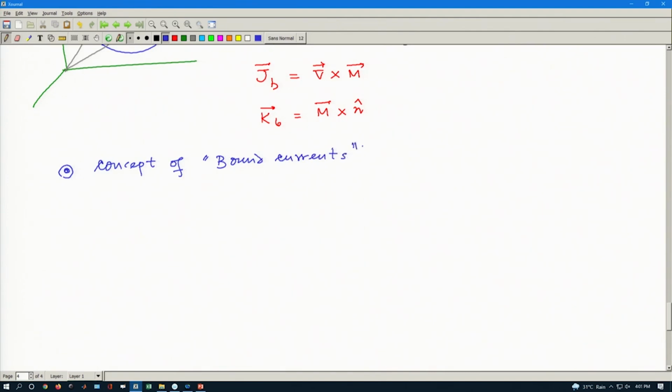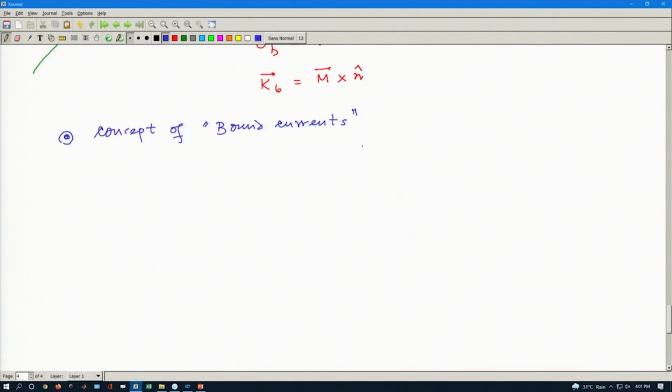So, I already defined J, and let us consider a uniformly magnetized material.